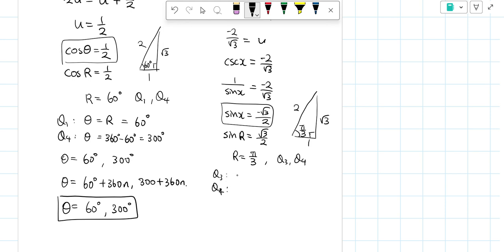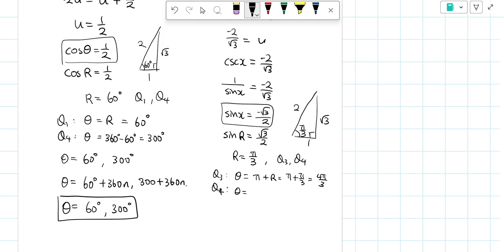In quadrant 3, the angle theta is equal to pi plus r, which is going to be pi plus pi over 3, which is 4 pi over 3.